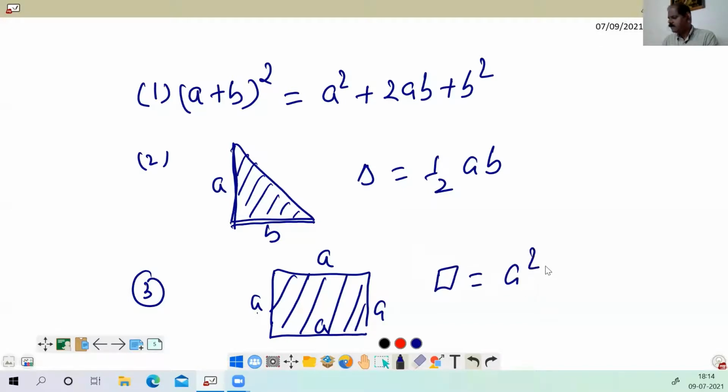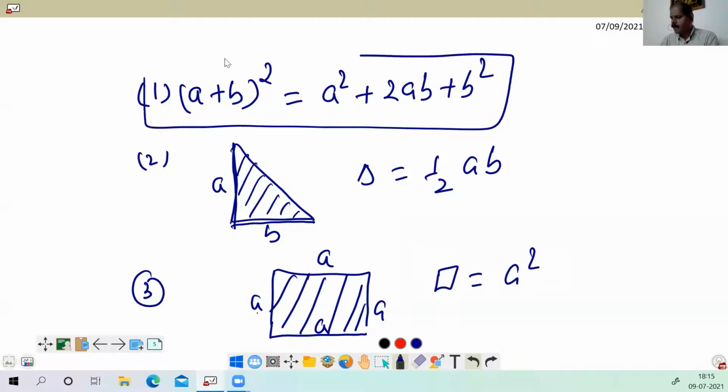So these three things we know. A plus B the identity, A plus B the whole square is equal to A square plus 2AB plus B square. This one. And area of the triangle having altitude A and base B is equal to half AB. And area of a square with the side A is equal to A square.